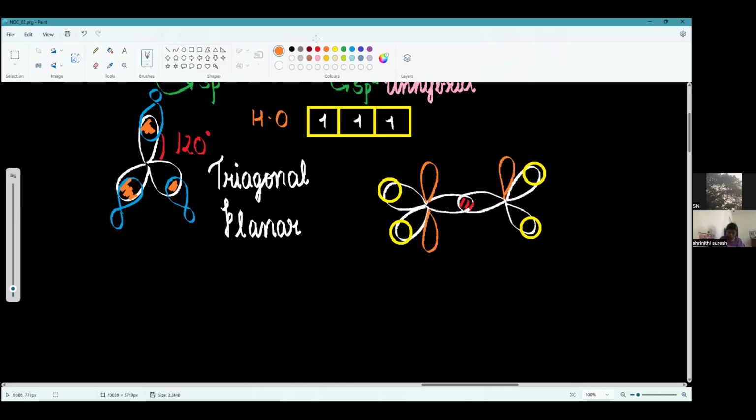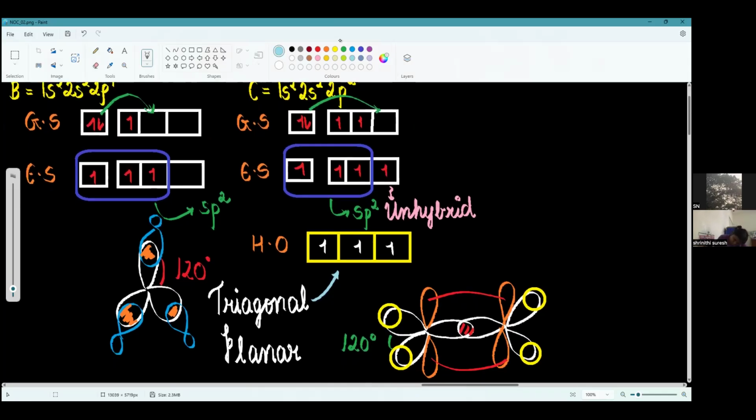Similarly, the second carbon atom will also have one unhybrid orbital, and the type of overlapping between them will be parallel overlapping. What kind of bond is formed in parallel overlapping? A pi bond. Very good. So the orange orbitals will form pi bonds. The bond angle in a triangular planar geometry is 120 degrees. The geometry is the same, triangular planar. So just draw this C2H4.